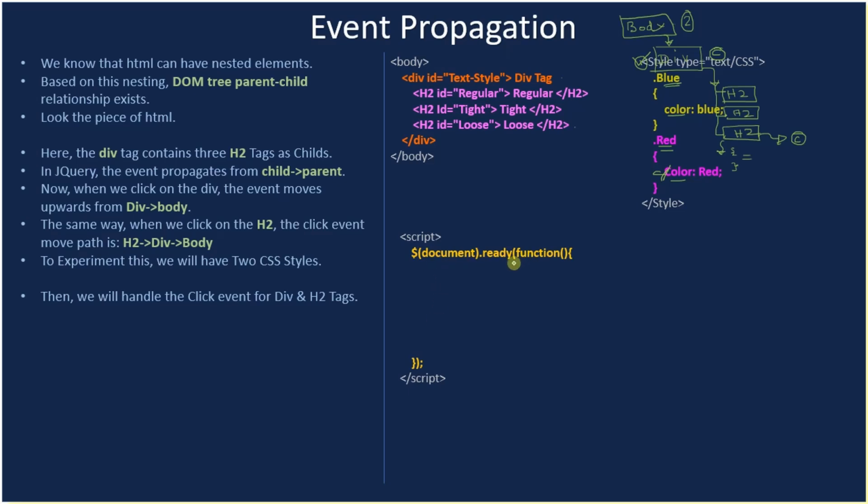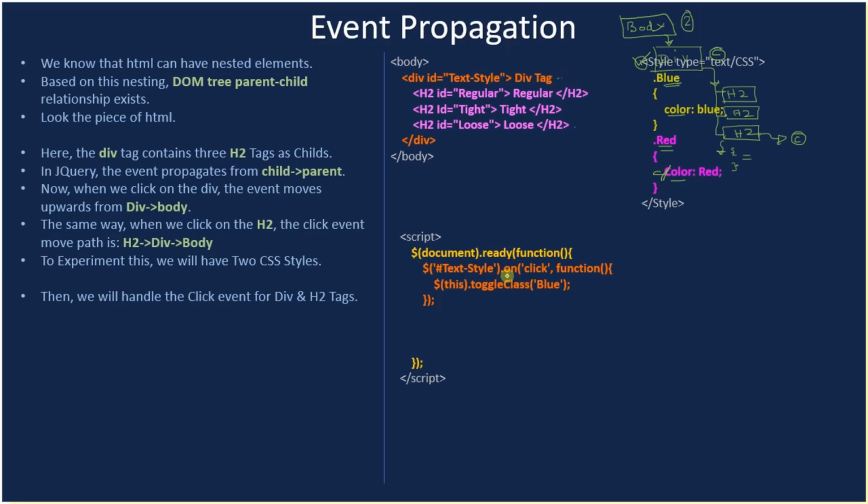The document ready function, you know that already. Then this is just a click event for textstyle. Textstyle is the div. Hash denotes ID, so we are picking any HTML element that has the ID textstyle. That means we are picking the div tag here.